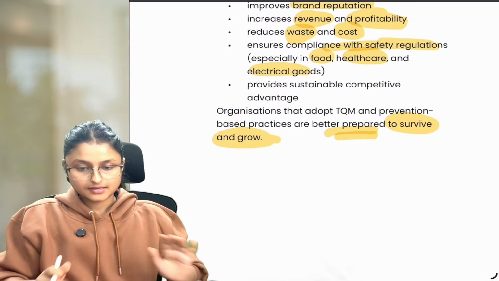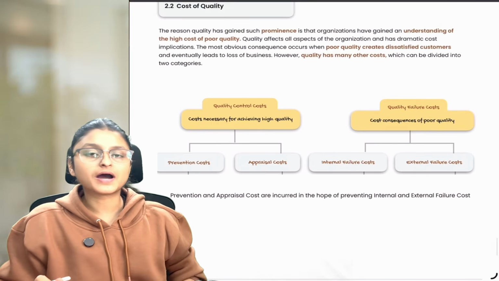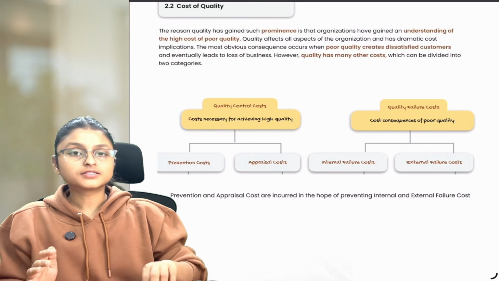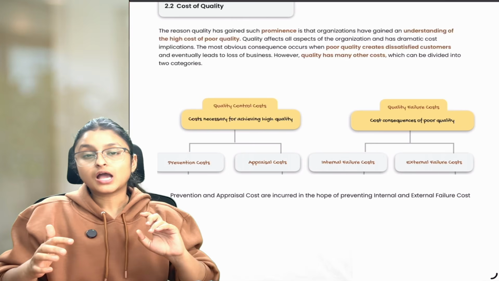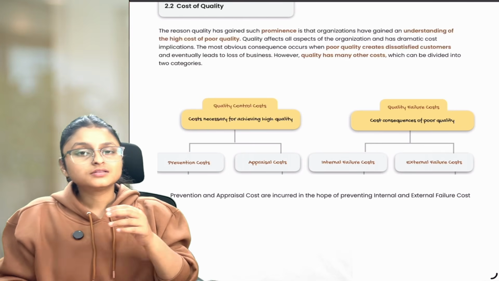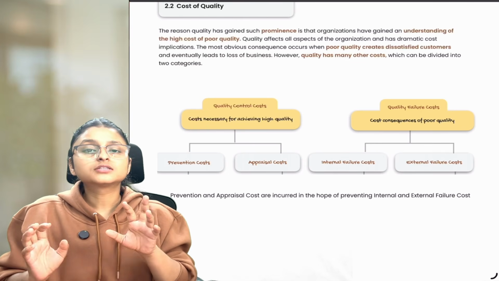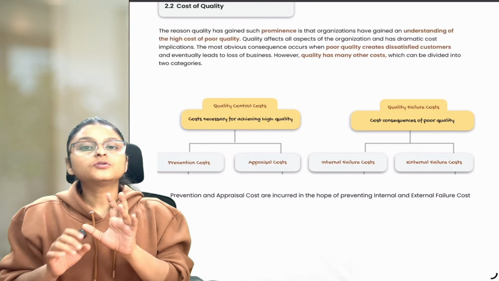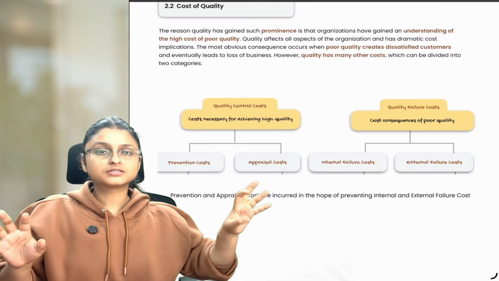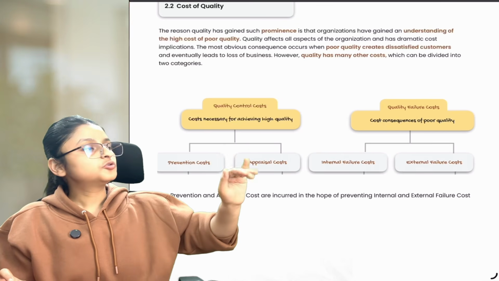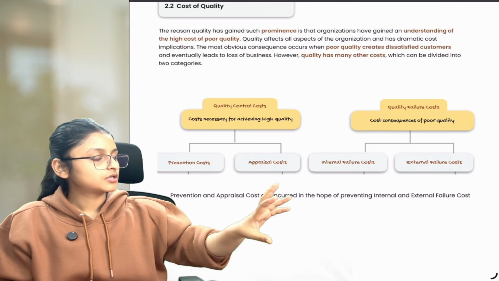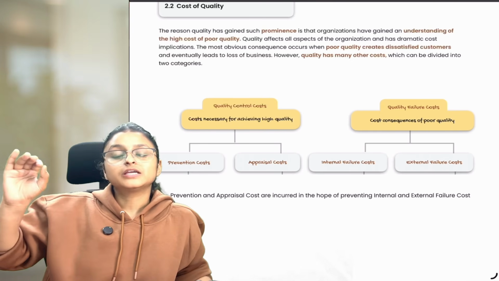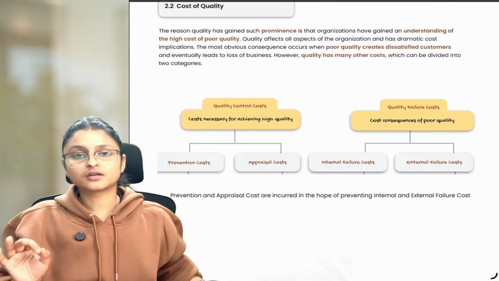Done. Now moving forward to our next part, which is known as cost of quality. Till now we were understanding what is quality and how to manage quality. Now we are focusing on what costs are incurred by the organization for quality. The cost can be divided into two parts. The first is the cost you incur to maintain high quality. Next is if there is any quality failure, which can happen.